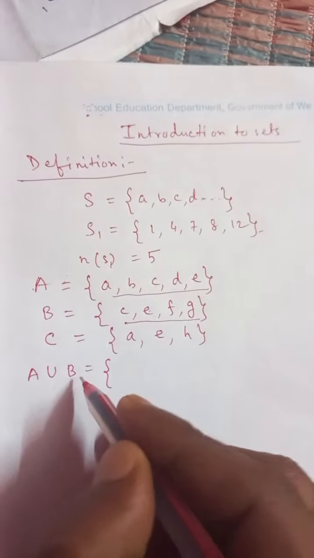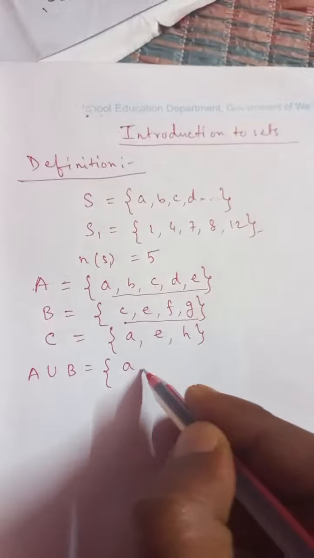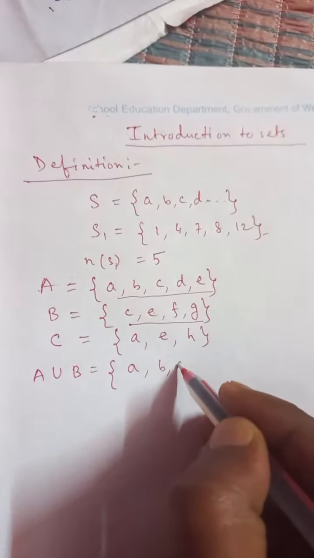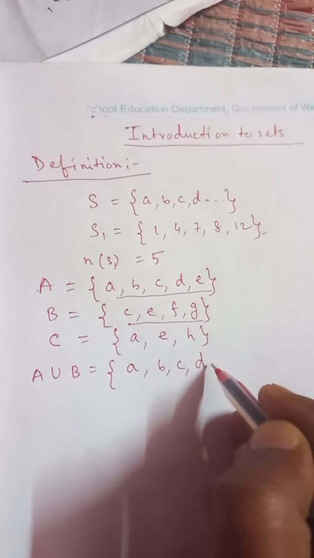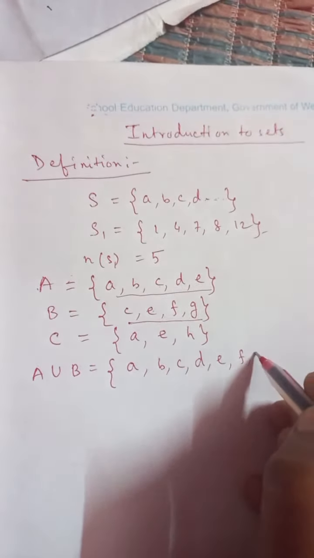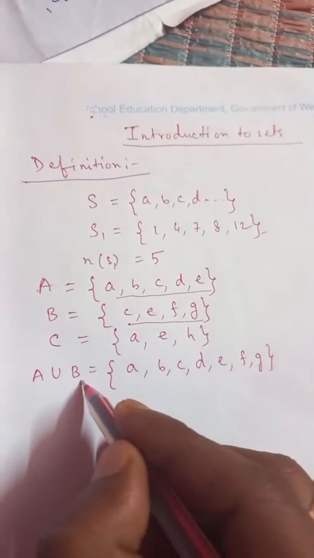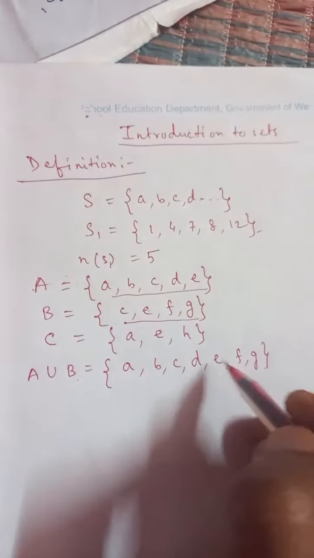So in this set A union B, we have A, B, C, D, E, F, G. All the elements belonging to A and B are in this set.